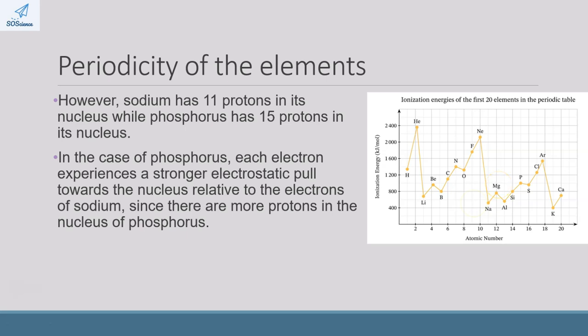That makes it harder to remove an electron from phosphorus because of that stronger electrostatic pull towards the nucleus, and it makes it easier to remove an outermost electron of sodium because the electrons experience a weaker electrostatic pull.